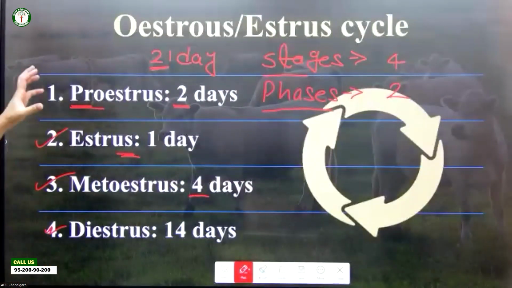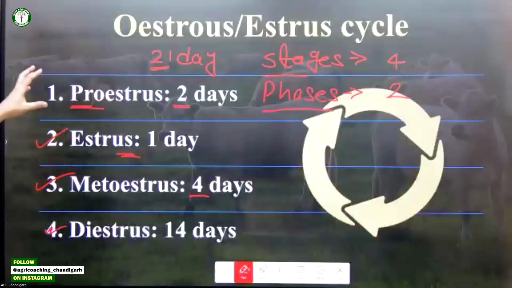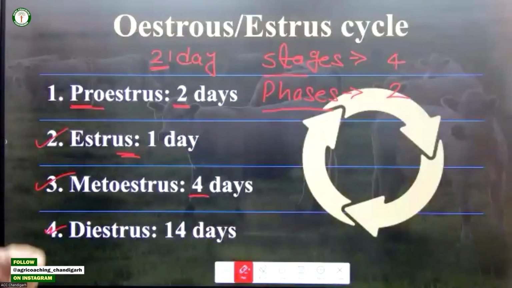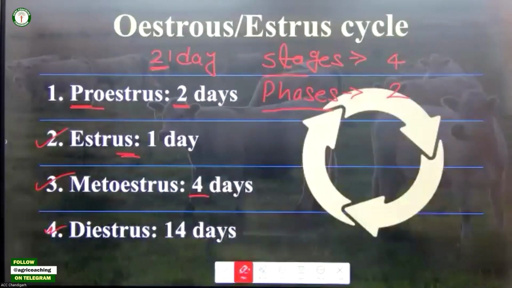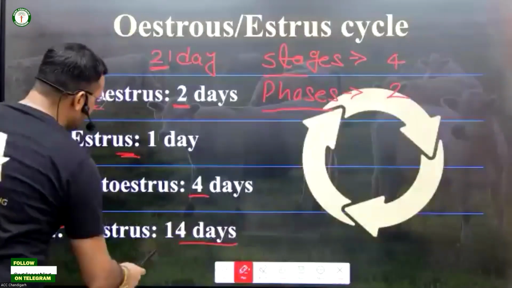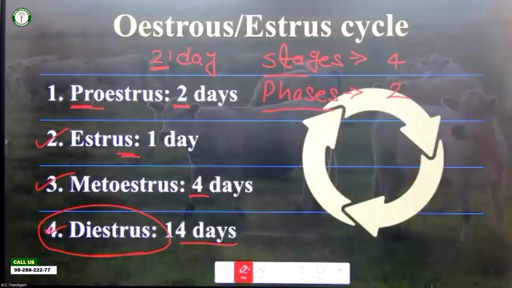Now, what kind of question can be asked from this data, sir? From this data, they can ask a very simple question. Which one is the longest stage in the estrous cycle? Once they ask about the longest stage, definitely you will go with 14 days. So the longest stage is Diestrus. And in case of the shortest stage, which one is shortest?